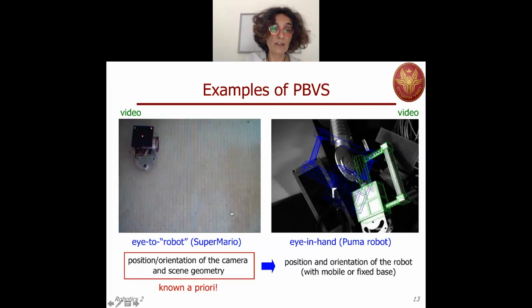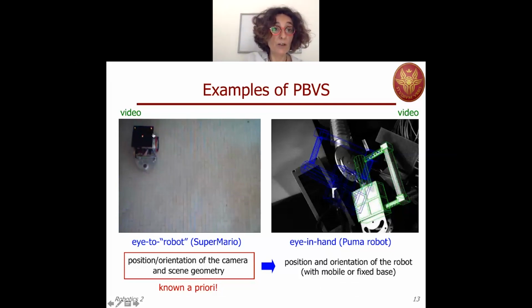The task is a parking task. The robot should move from the configuration that you have seen to this configuration, using the information that comes from the camera.